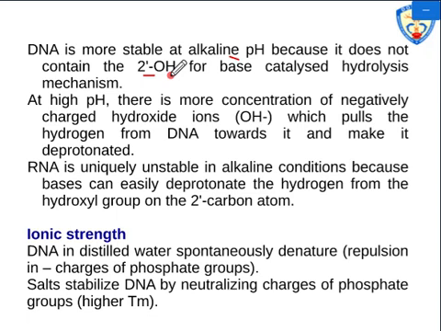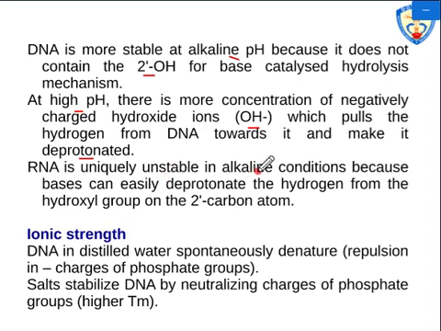hydrolysis mechanism. But what happens at high pHs? At high pH there is more concentration of negatively charged OH ions, hydroxide ions. These hydroxide ions pull hydrogen from DNA towards it and make it deprotonated. But RNA is uniquely unstable in alkaline conditions.